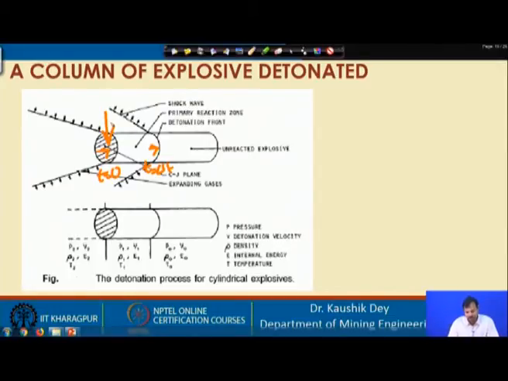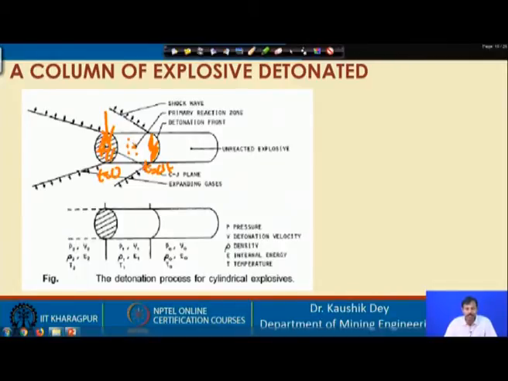Let me reconstruct this sentence. In this case you can consider, at any point of time, the explosive column is being bounded by two planes. One is this plane where the reaction is complete, another is this plane where the reaction is onset as the shock front is at this position, and in between these two the explosive has already released the shock, but the reaction is ongoing.